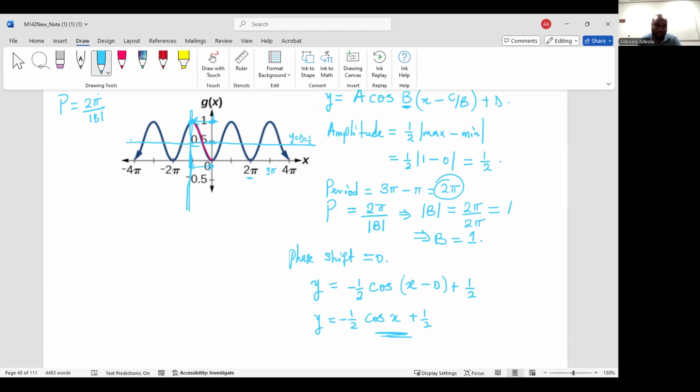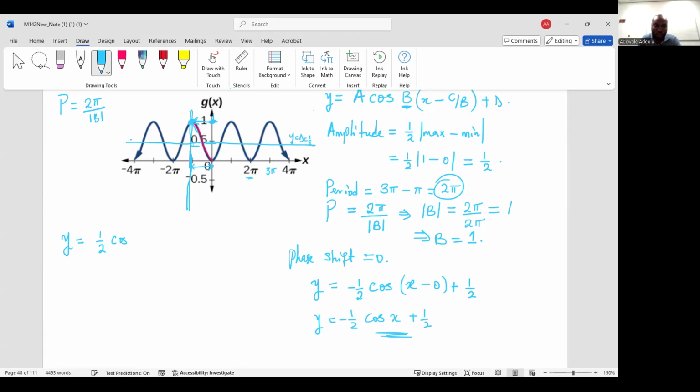Now, let us form our equation. So that is y equals, in this case now, positive a. How so? Because I'm starting from the top, the way the cosine function should behave normally. So that is 1/2 cosine.